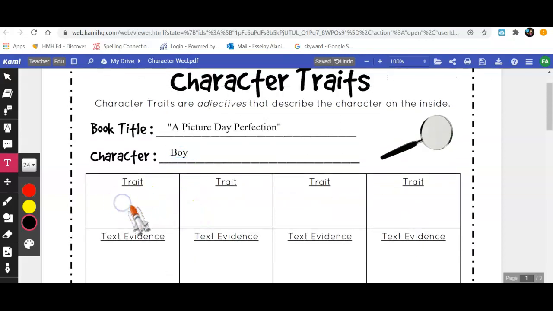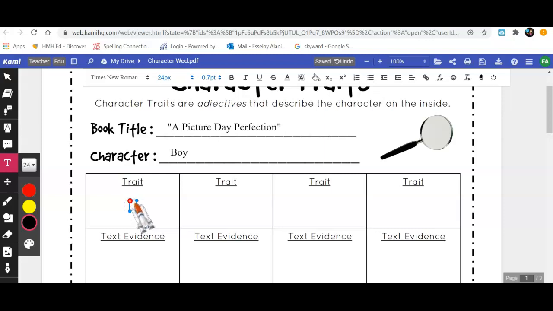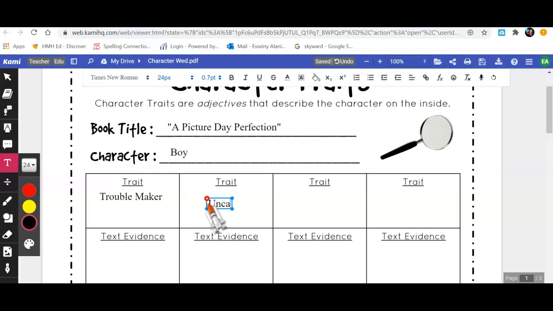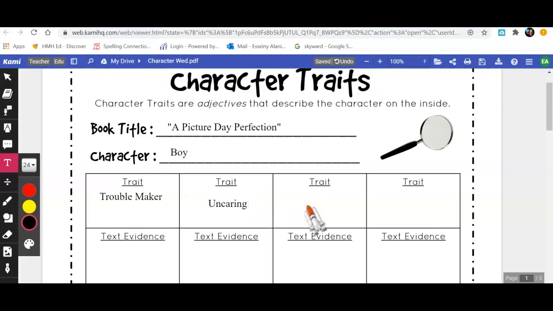The trait. So we need to put the trait. He's a troublemaker. And he's uncaring. We have to find at least 3.